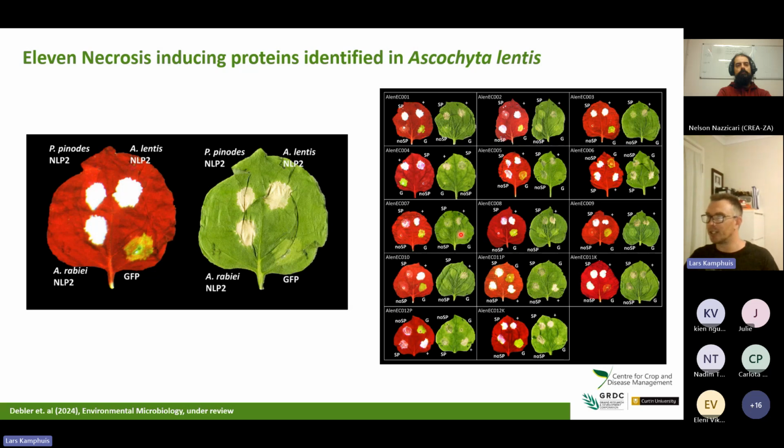But the take-home message essentially is all but candidate number 10 were able to cause necrosis in Nicotiana benthamiana. In other words, these are not host-specific necrosis-inducing proteins.